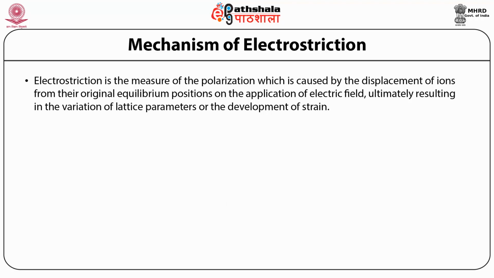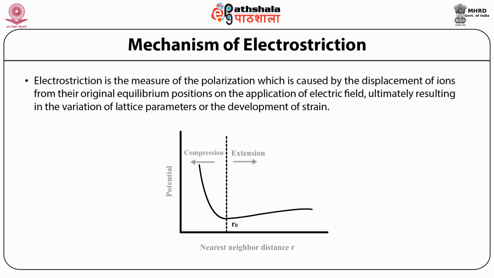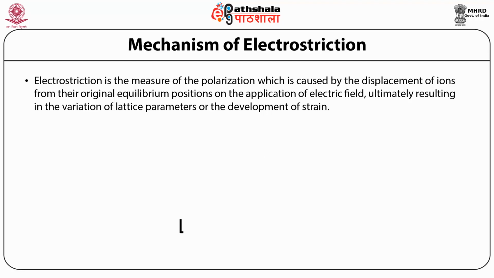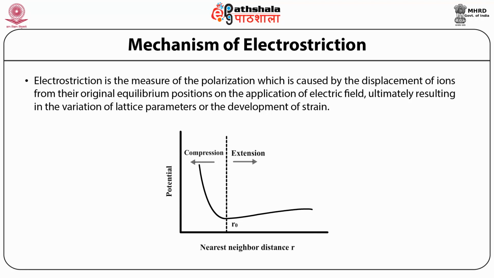Electrostriction is caused by small displacement in the position of ions from their original position on the application of electric field. Positive ions are displaced along the direction of the applied field, whereas the negative ions are shifted in the opposite direction.